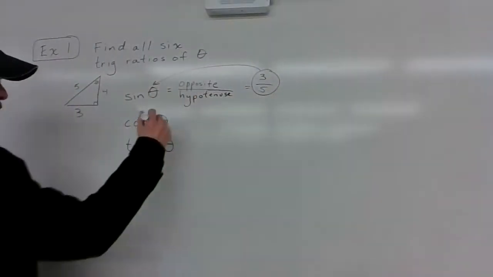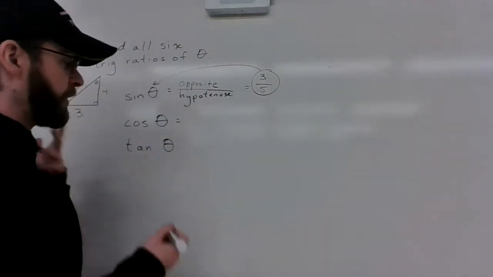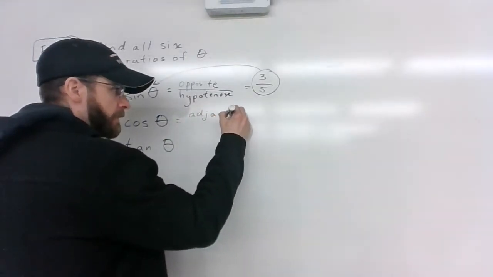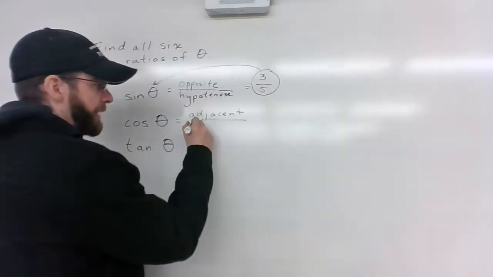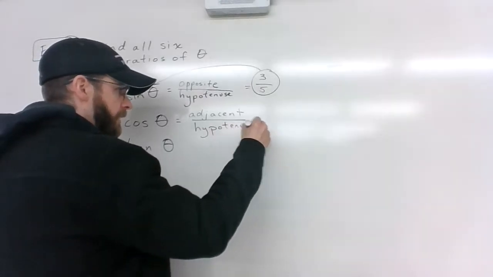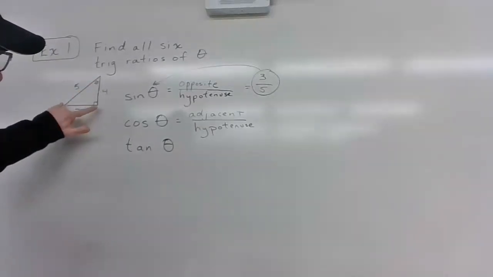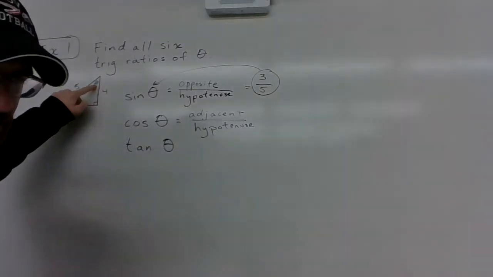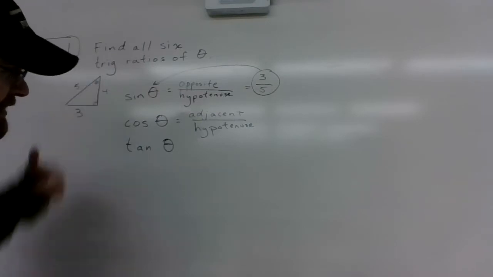Okay? So cosine. What does that trig ratio represent? Well, it's all about the adjacent side. Adjacent just means next to, divided by the hypotenuse. So the cosine is connected by two sides right here, okay? When you say adjacent to theta, it's sort of like, isn't that adjacent to theta and isn't that adjacent to theta?